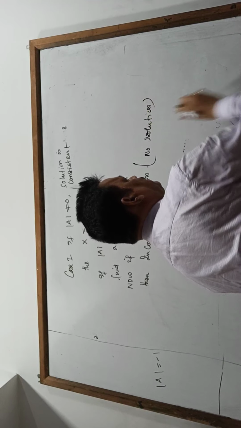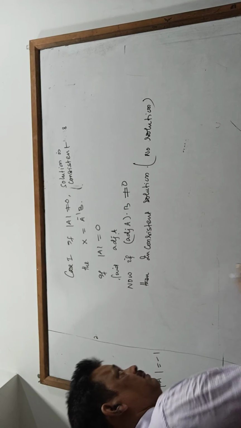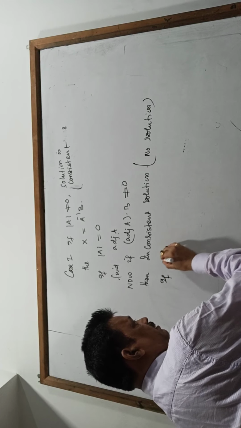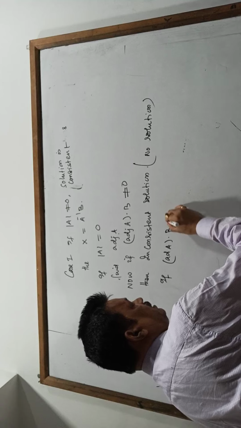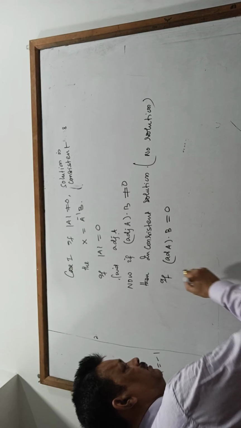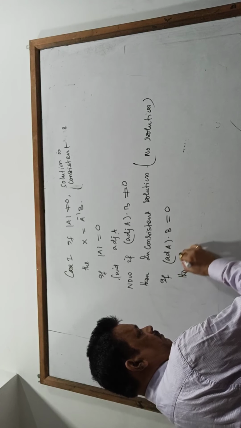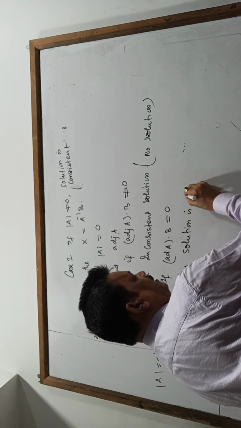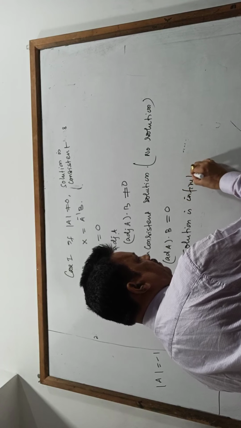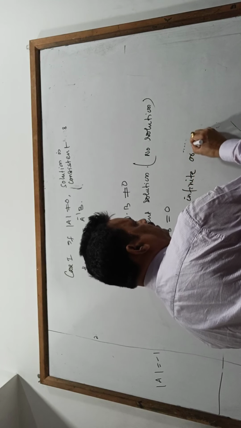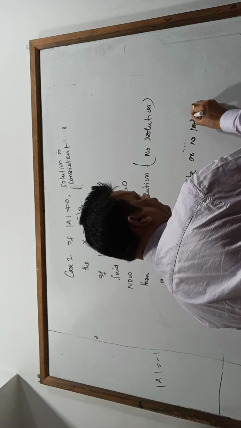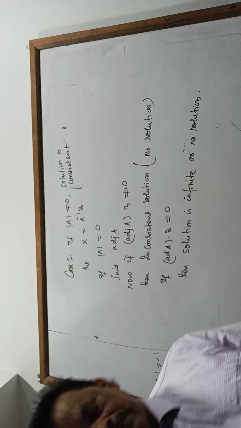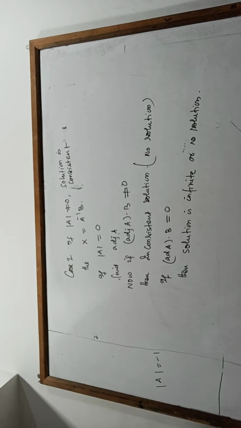You cannot have the value of x, y, z. If adjoint of A into B equals to 0, then the solution is infinite or no solution. So we'll discuss one by one. Okay, let us see.